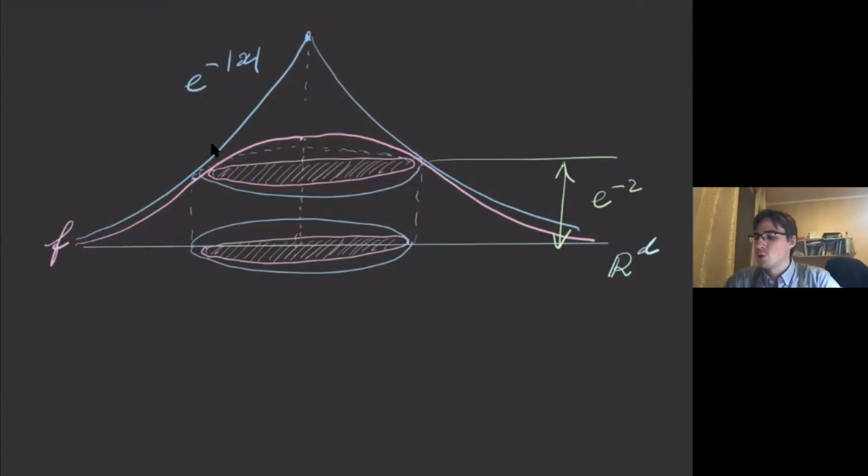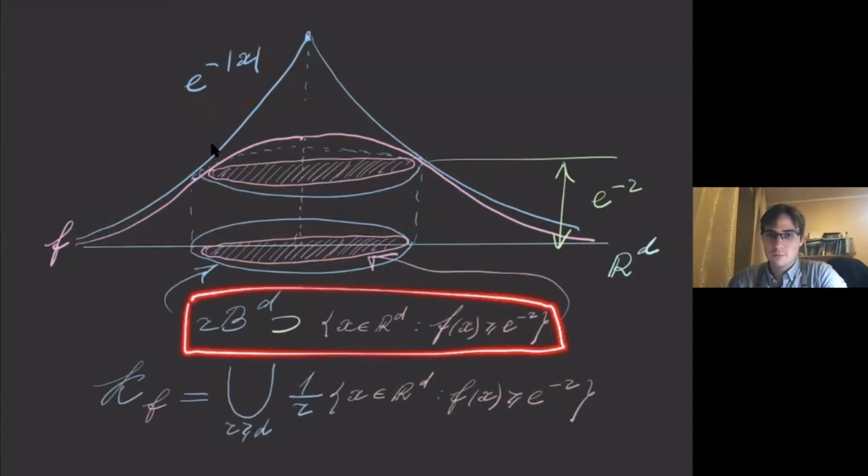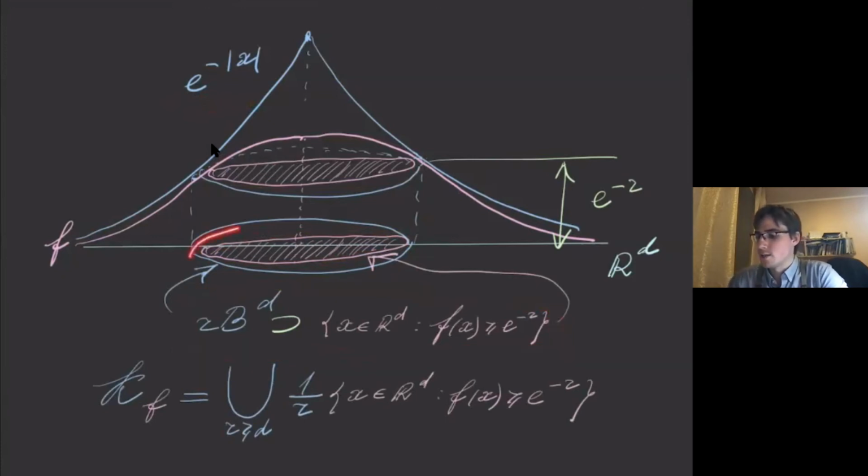The superlevel sets of the function f are, of course, contained in the superlevel sets of the function e to the minus x, which are centered Euclidean balls. And clearly, you obtain such an inclusion here, because these blue guys are just the level sets of e to the minus x. They are simply Euclidean balls, yes?